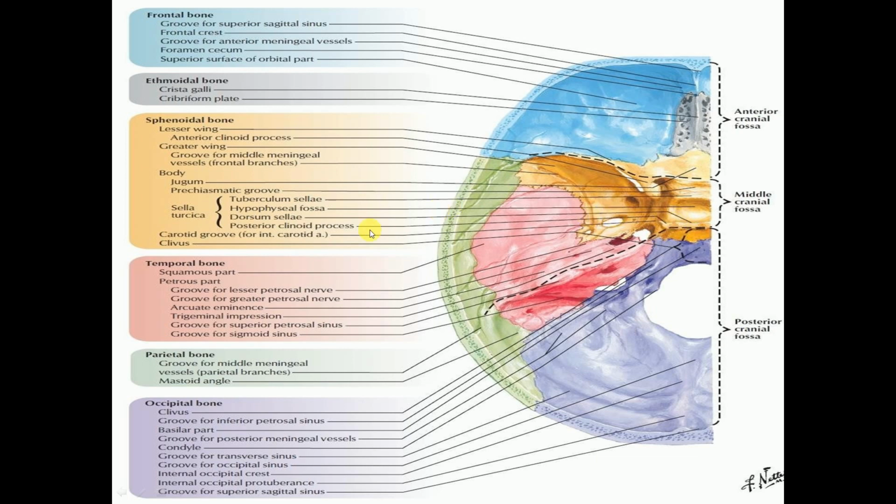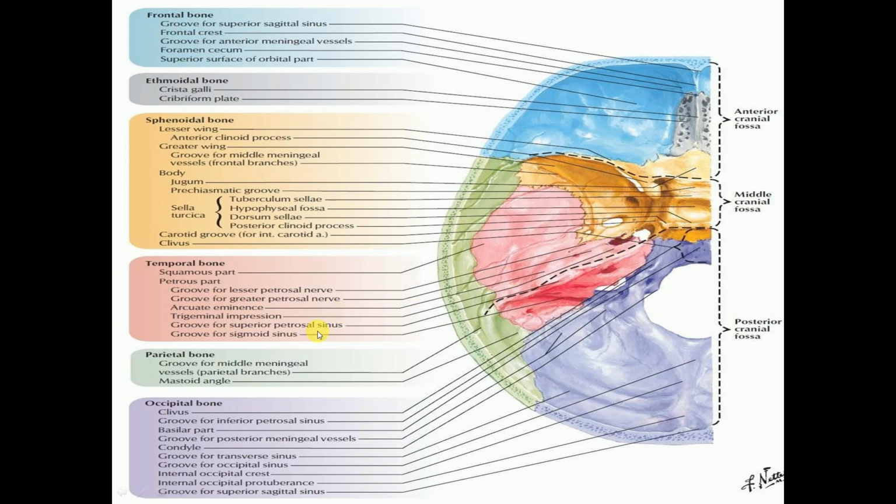So coming on to the temporal bone, you have the squamous part and petrous part. In the petrous part, you have the groove for the lesser petrosal nerve. This is your groove for the greater petrosal nerve, and this is your arcuate eminence, and this particular point is your trigeminal impression.